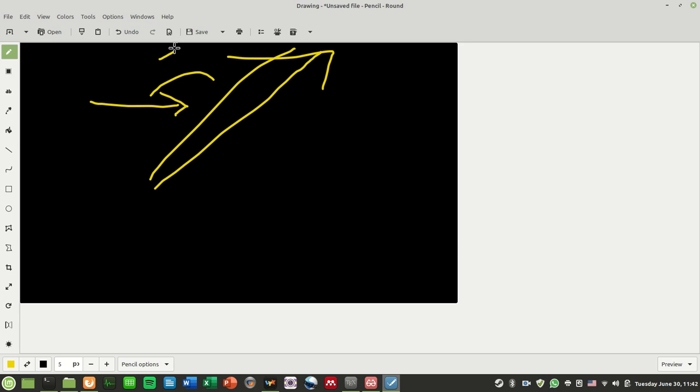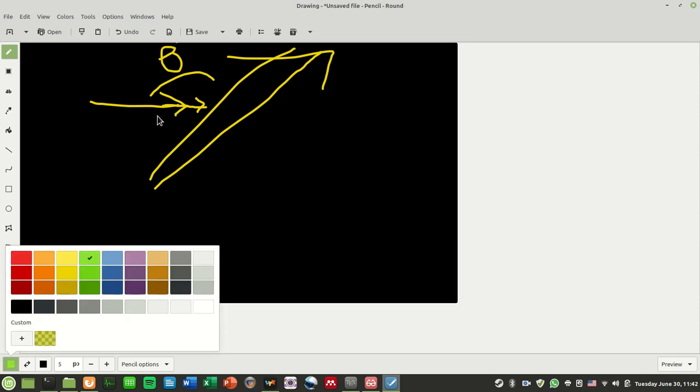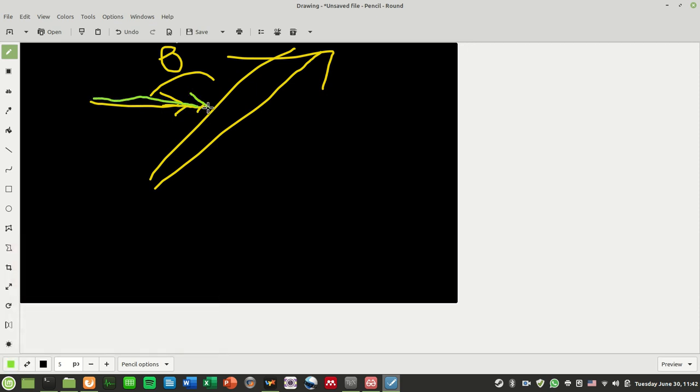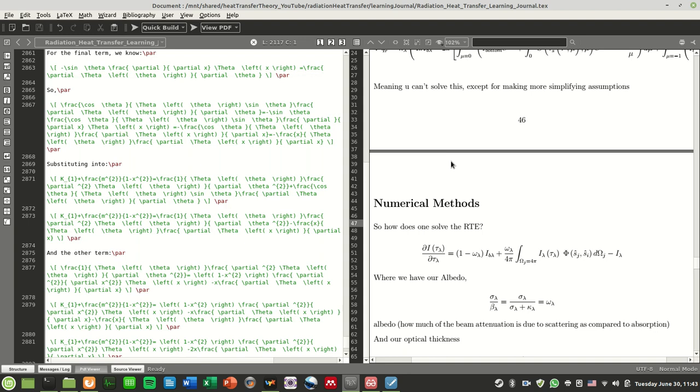At some point there will be some scattering. The scattering can go from this original direction into this direction, and that is known as in-scattering. You don't just consider in-scattering from this angle, you have to consider in-scattering from many angles.